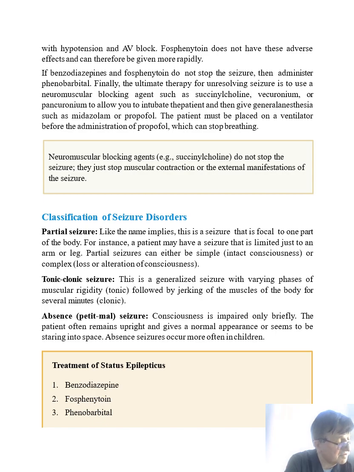Absence, or petit mal, seizure is where the consciousness is impaired only briefly. The patient often remains upright and gives a normal appearance or seems to be staring into space. Absence seizures occur most often in children.